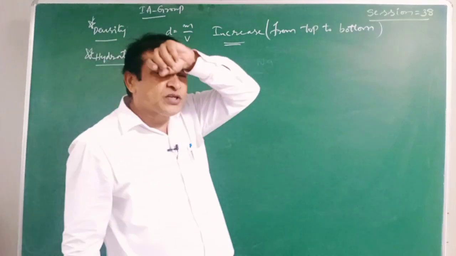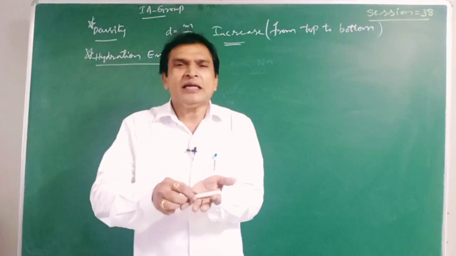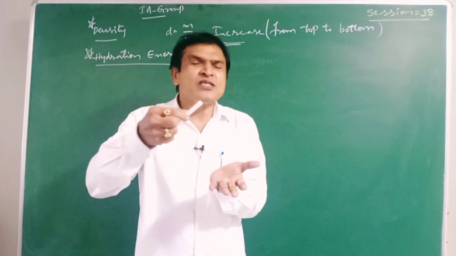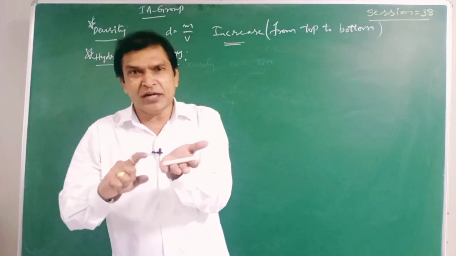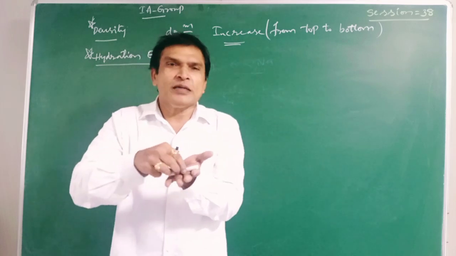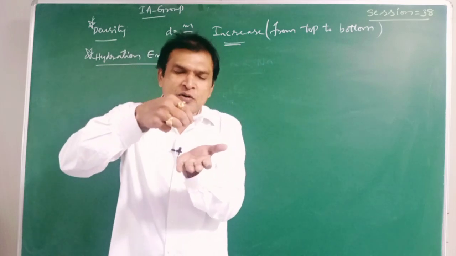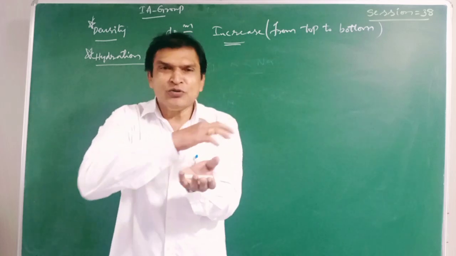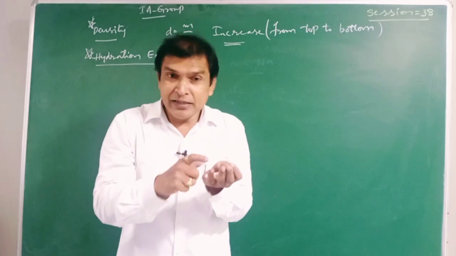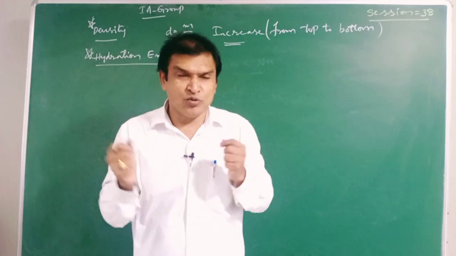Suppose when a metal substance is added to the aqueous solution. Hydrated means water. When a metal ion is added to the aqueous solution, what happens? This metal ion is surrounded by water molecules. The metal ion gets hydrated by water molecules.